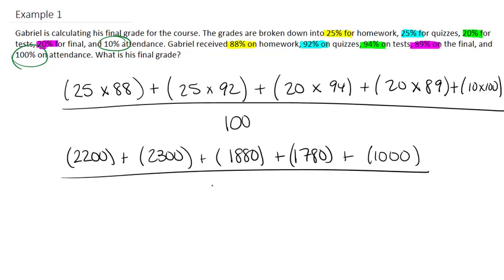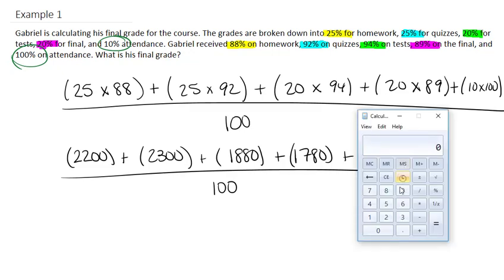Now this is all over 100. So let's go ahead and add up all these numbers on the top. So we have 2200 plus 2300 plus 1880 plus 1780 plus 1000.